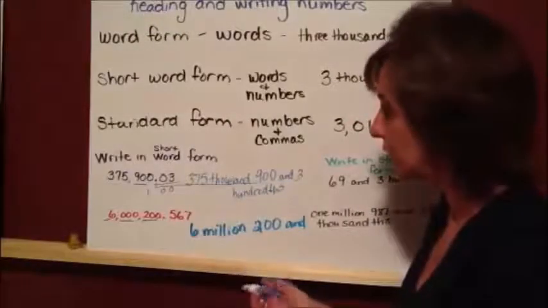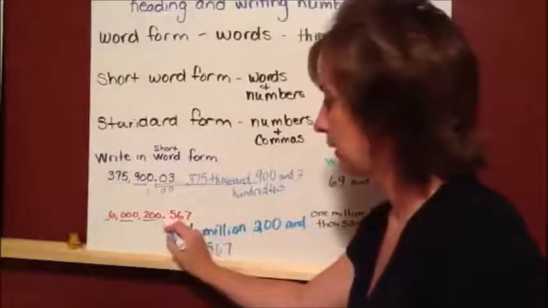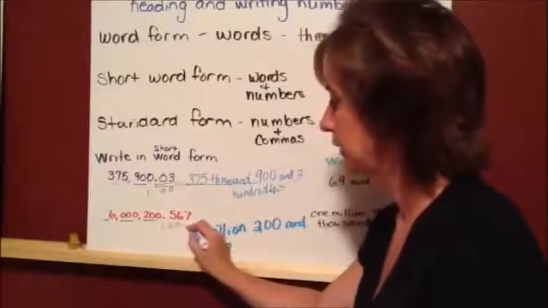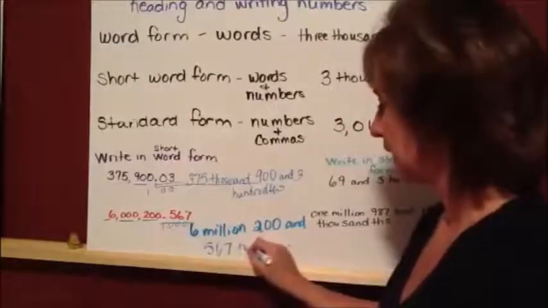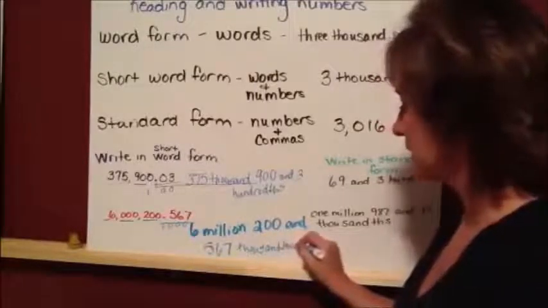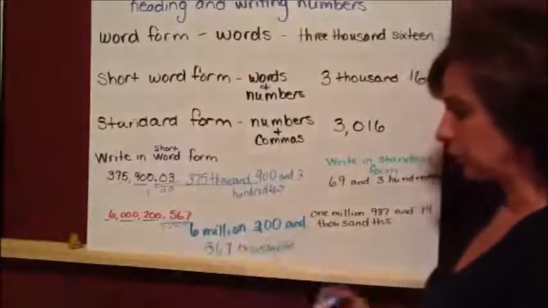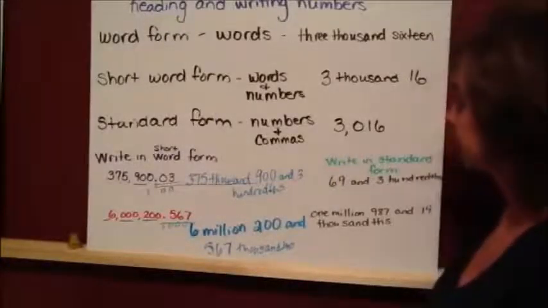How do I know what number to write there? Well, if I use this trick, 1, 0, 0, 0, I've made the number thousandths. That is the word that I need to write to identify the short word form of 6,200,000 and 567 thousandths.